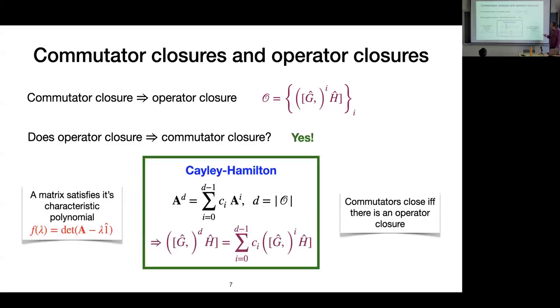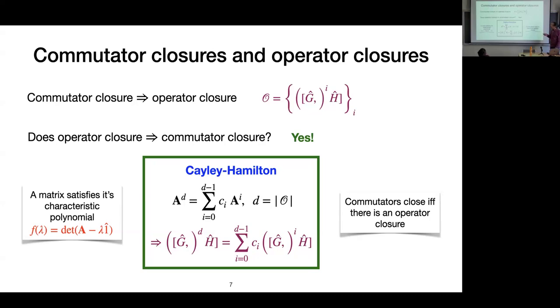Turns out yes. And this is simply a consequence of the Cayley-Hamilton theorem, which basically states that a matrix satisfies its characteristic polynomial. What is a characteristic polynomial? It's given by the determinant of A minus a parameter lambda. So this says that the highest exponent of the matrix can be written as a sum of lower exponents.